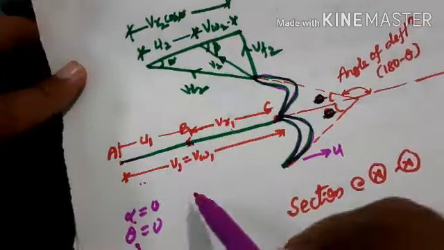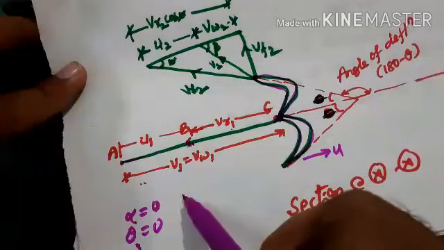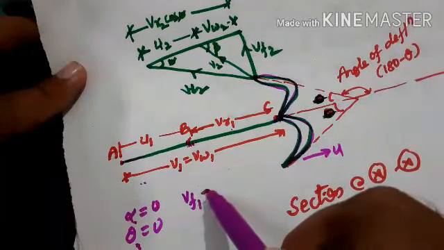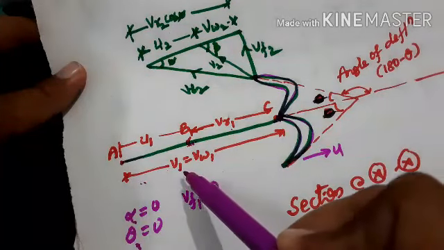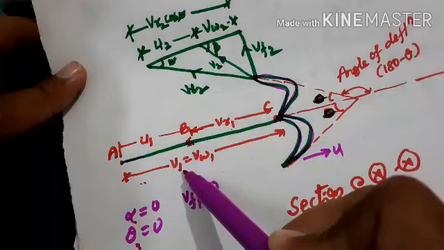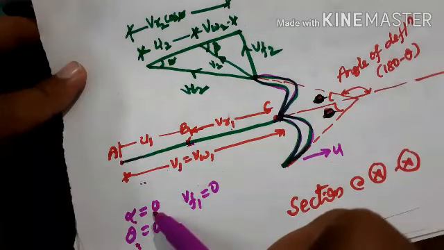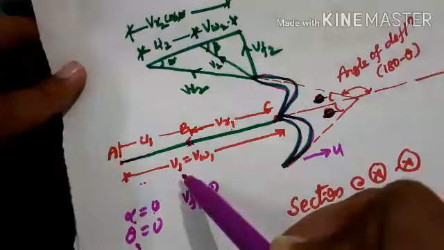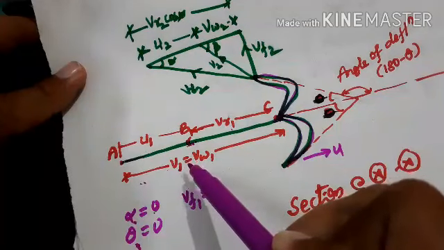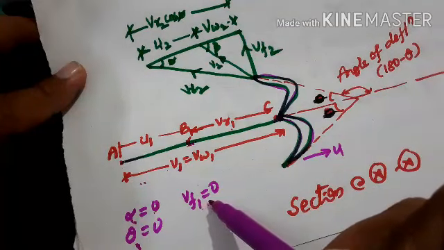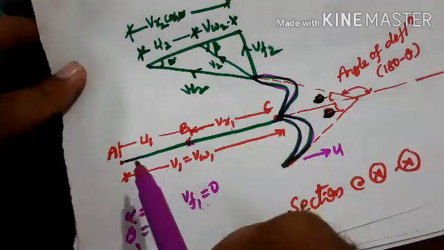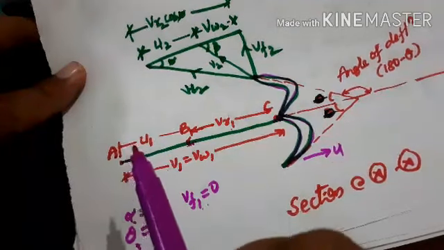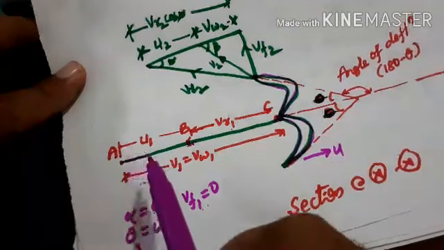And at inlet, the velocity of flow will be 0. As you know, VW1 and VF1 are the components of absolute velocity. Since alpha is 0 here, then only you will be getting whirl velocity at the inlet, and the flow velocity will be 0. And remember, for a Pelton wheel bucket, the inlet velocity triangle will be always a straight line, because alpha is 0, theta is 0.